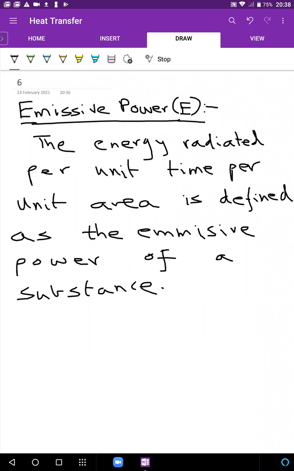So mind the symbol. This is capital E. You're going to see a little later there's another term called emissivity, which is small e.